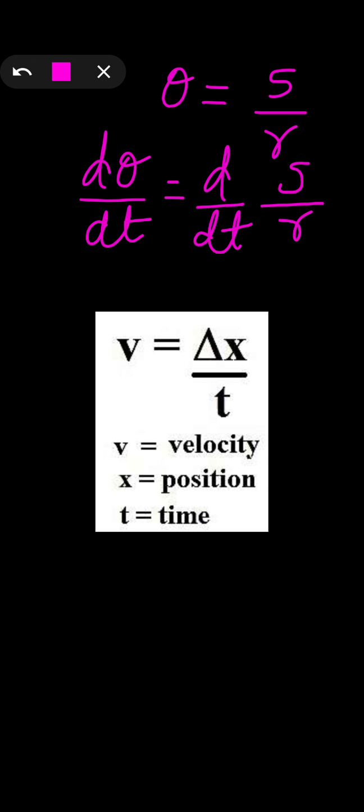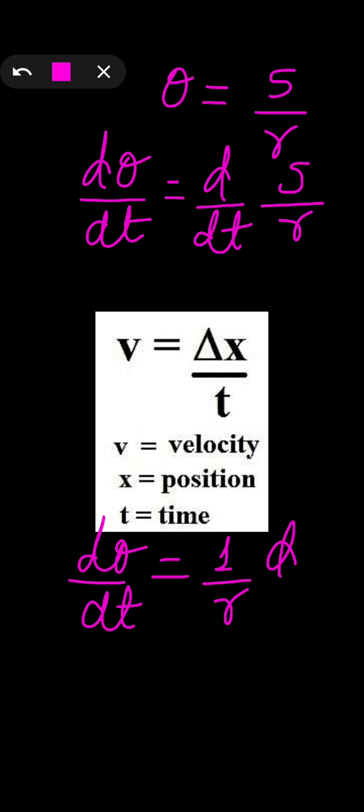Now r could not be differentiated with respect to t, so it will be d theta by dt equals 1 by r ds by dt, since r is independent of time.